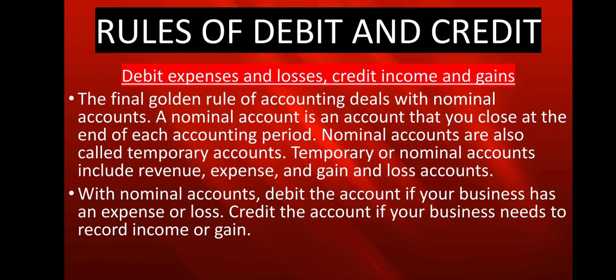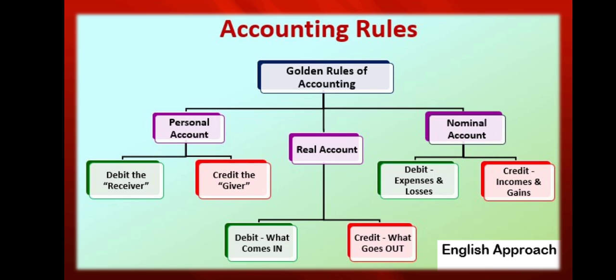Nominal account, debit expenses and losses, credit incomes and gains. These are called the golden rules of accounting. The most fundamental rules, children. They are not at all altered. Throughout the subject, the same rules are followed. Okay, so in the next slide that I will be showing you all, I've just put the same rules in picture form for you all to understand it even more easily.